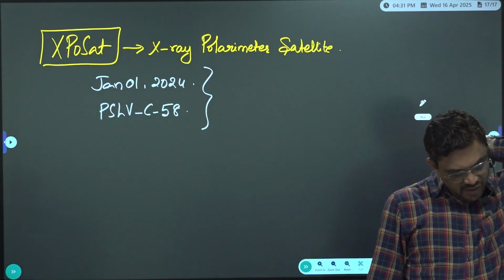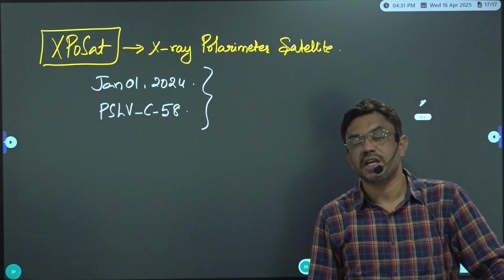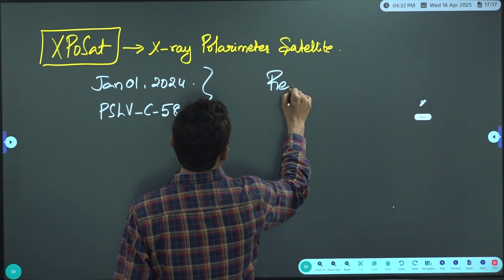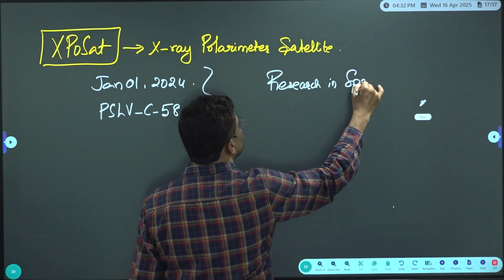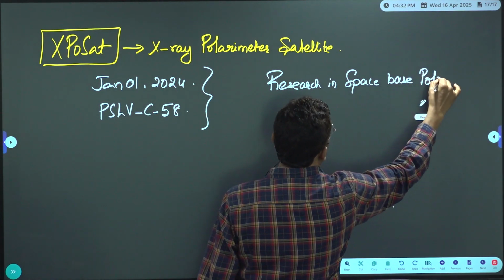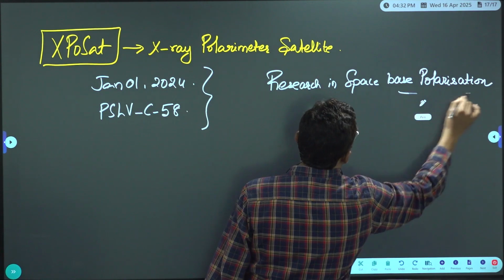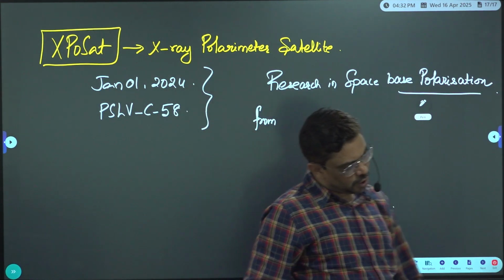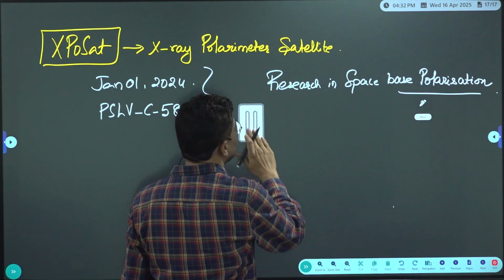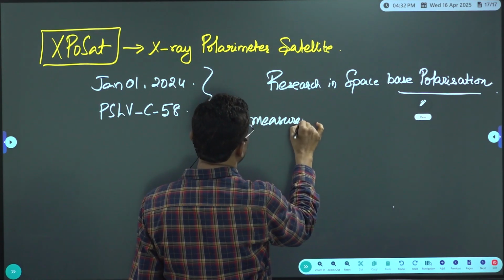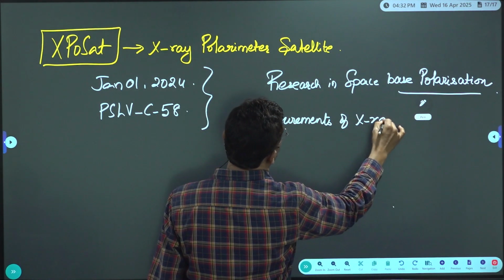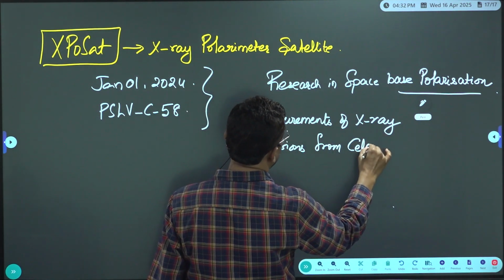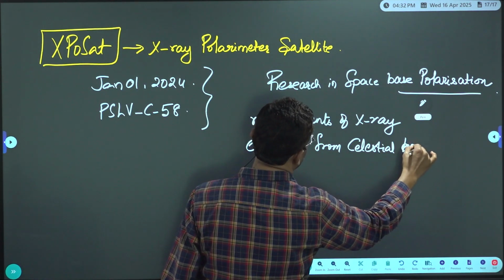It was the first dedicated scientific satellite to carry out research in space-based polarization measurements of X-ray emissions from celestial bodies, or you can say celestial objects.